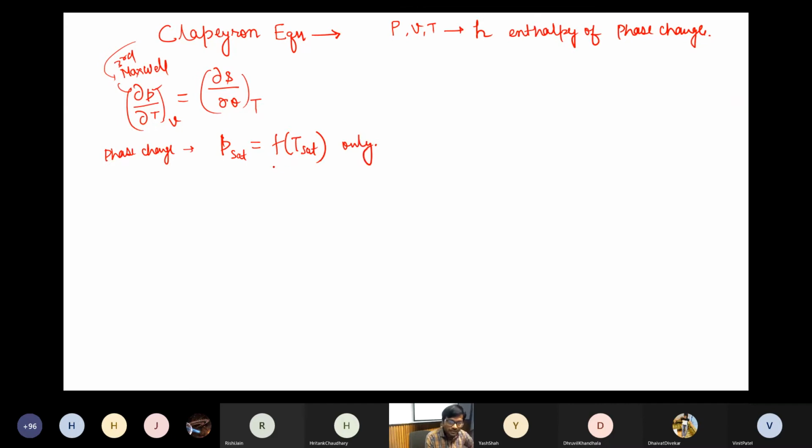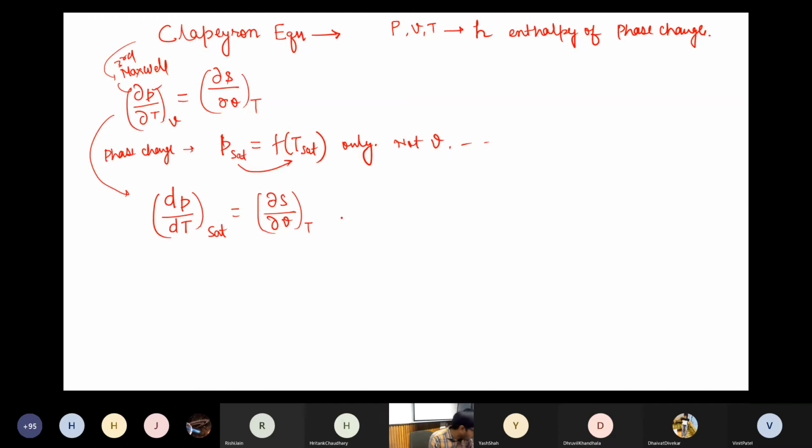That is why this P has an implicit dependence on temperature only, not on other variables like volume. So we can actually write this as dP/dT at saturation condition must be equal to ∂S/∂V at T.